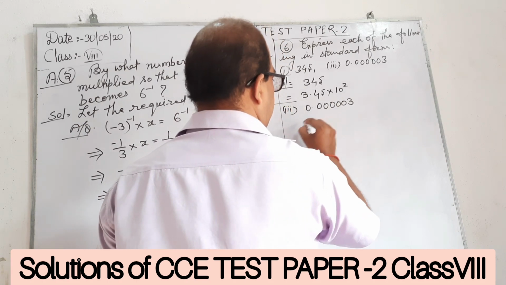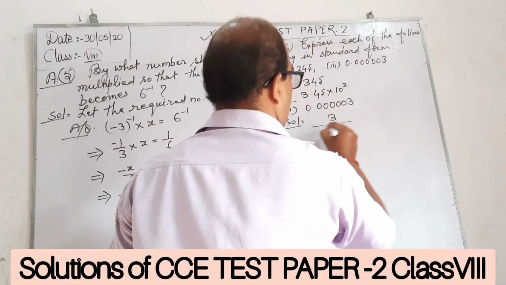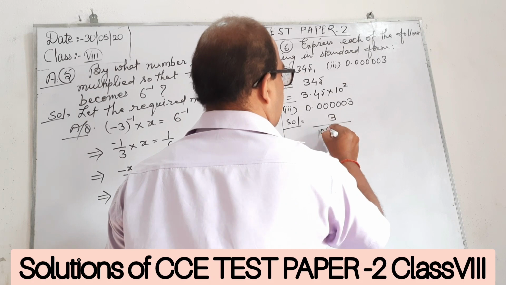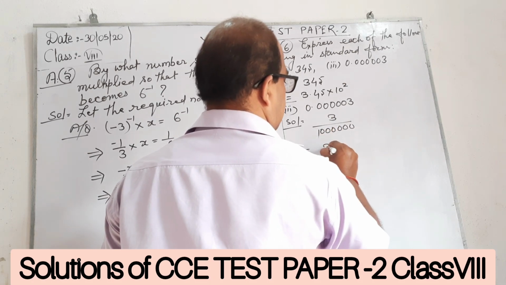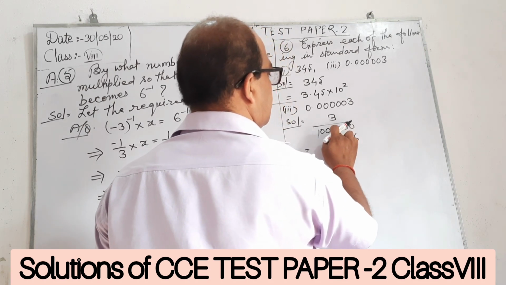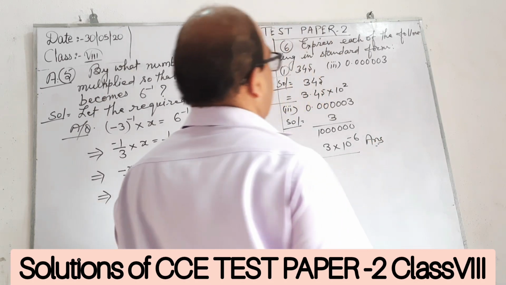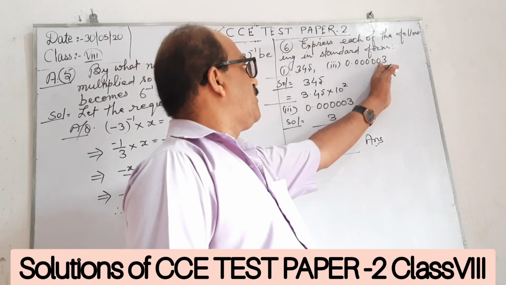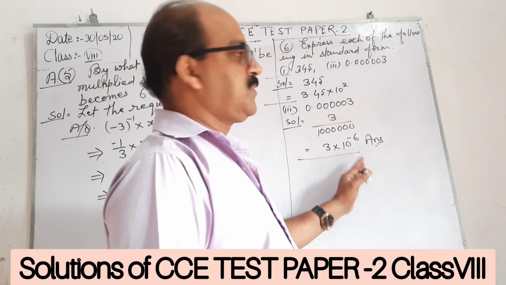Very simple. When you write it, count the decimal places 1, 2, 3, 4, 5, 6, and it is 3 into 10 to the power minus 6. This is the answer, and we can express this number in this way.